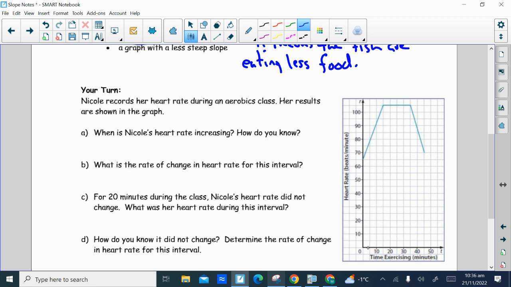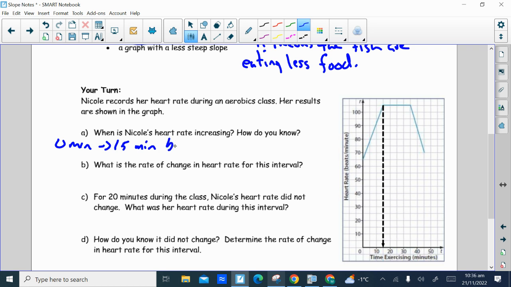Well, from 0 to this point here, which corresponds to 15 minutes, that's where the heart rate is increasing. So it's increasing from 0 minutes to 15 minutes.